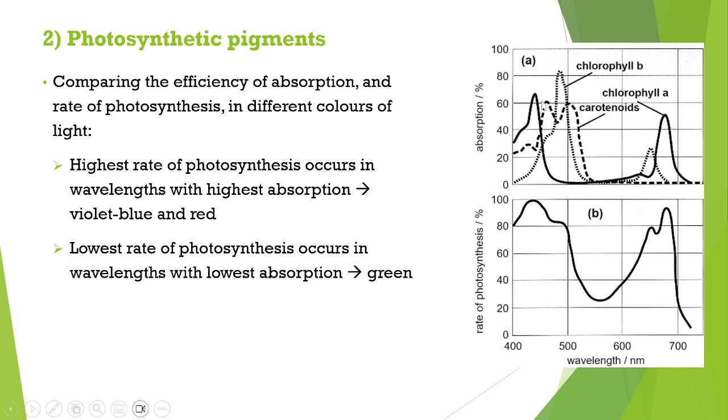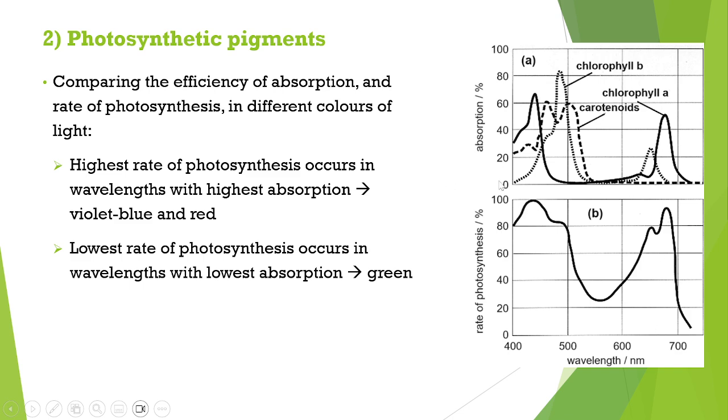You can see that different photosynthetic pigments absorb slightly differently, with different efficiency at different wavelengths, but mostly around this region, 400 plus to 500, and also this 600 plus, close to 700 nanometer wavelength region. That would be the blue-violet here and the red color here.